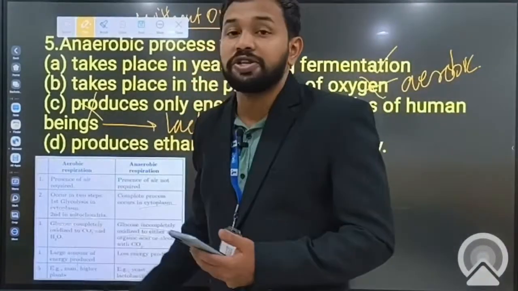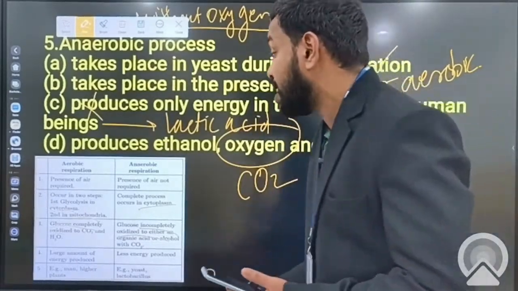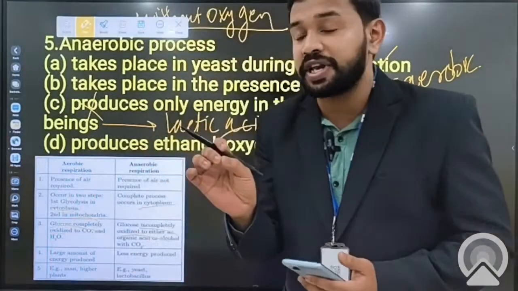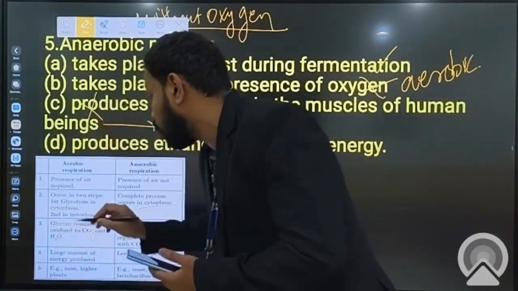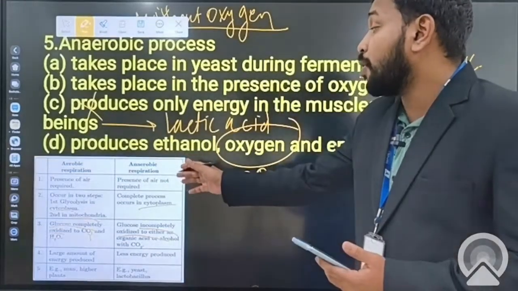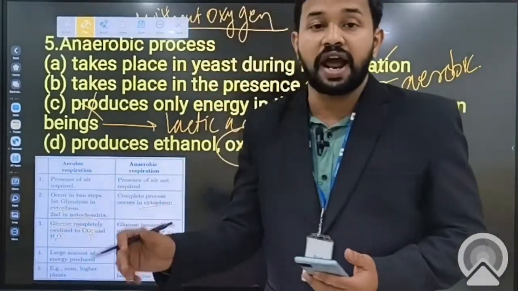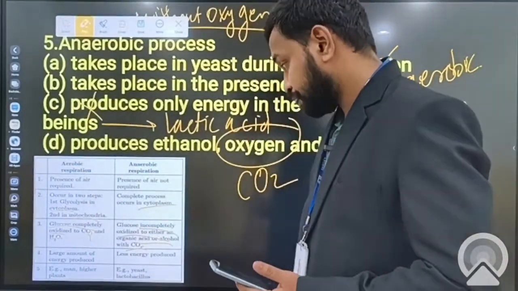What are the end products of aerobic respiration? The end products of aerobic respiration are CO2 and water. What about anaerobic respiration? It is ethanol and CO2. You can write that ethanol is an alcohol. That's why alcohol with the CO2.